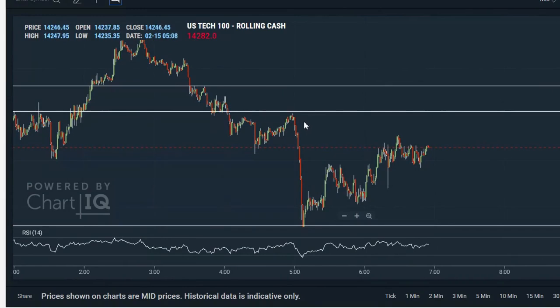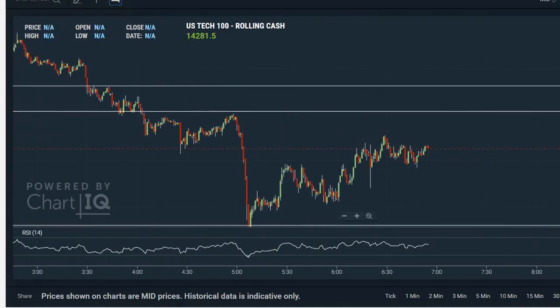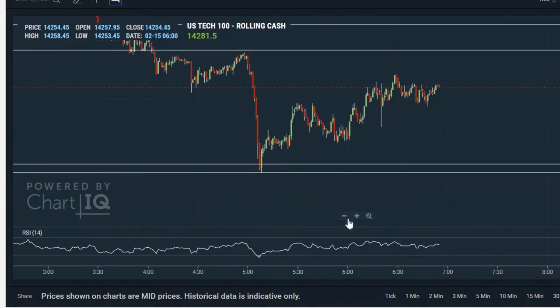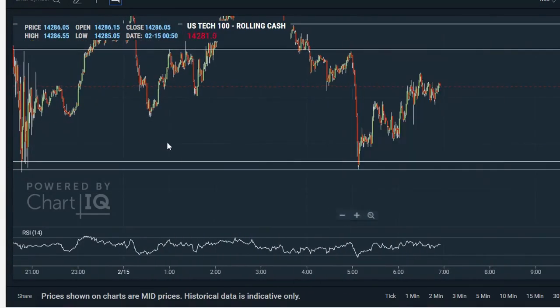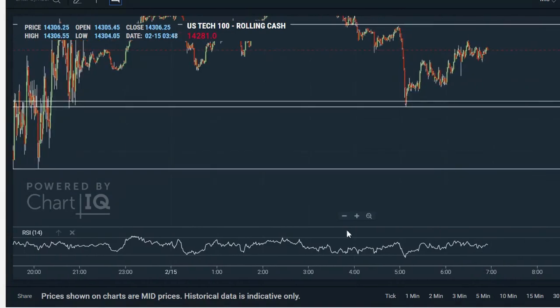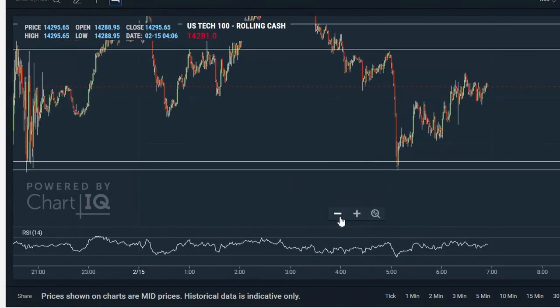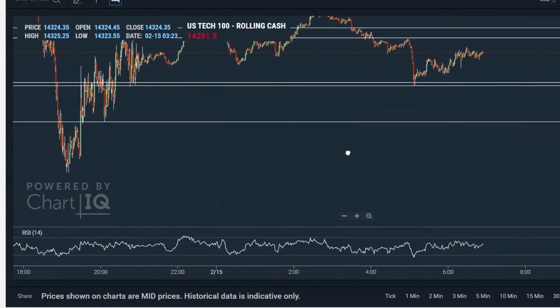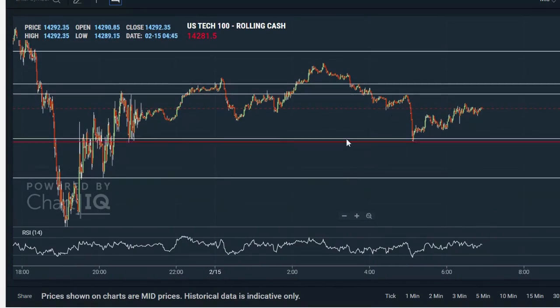Here's what we have. We have a drop followed by rejection of the previous support, which is here. So here is the drop, followed by support held from the previous support level area, which is here.